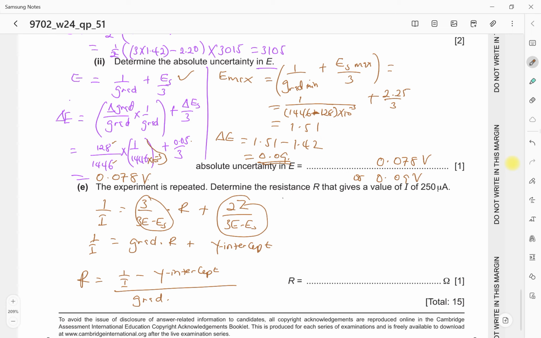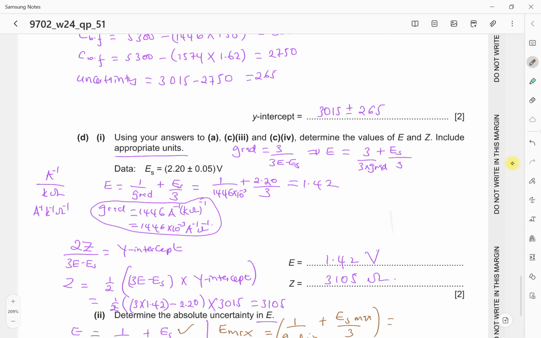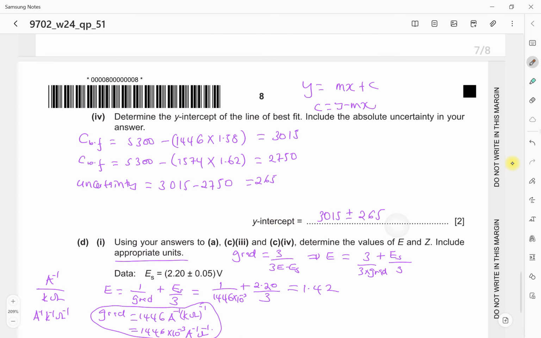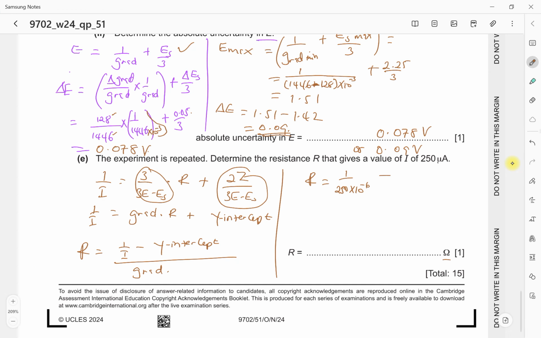So when I substitute, R is going to be 1 over I. Because this is in ohms, I'm going to change the units. So this is going to be 1 over 250 times 10 to the power of minus 6, then minus the y-intercept, which is in SI units, so I'll carry it the way it is, 3015. Here they are not asked for the units, but it is per ampere.